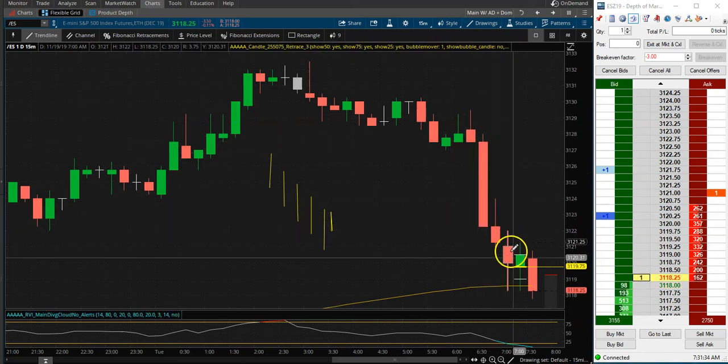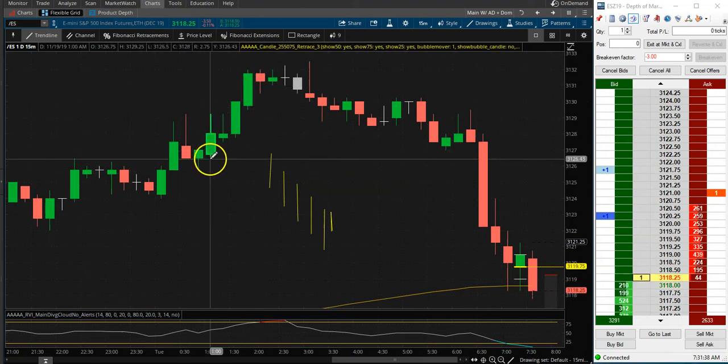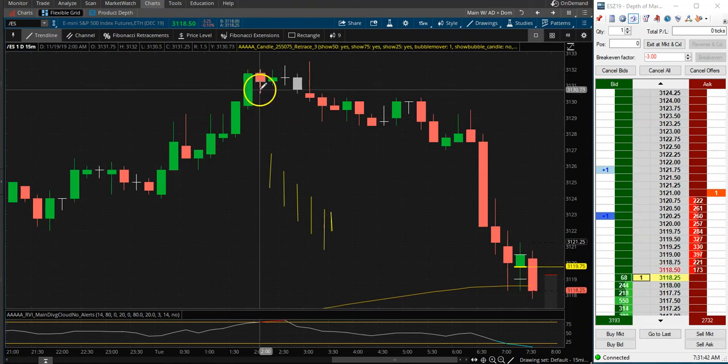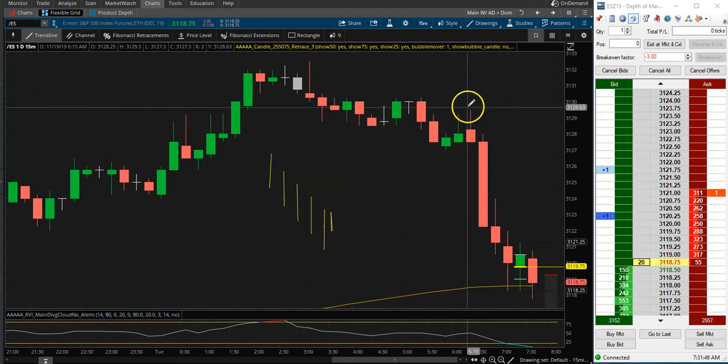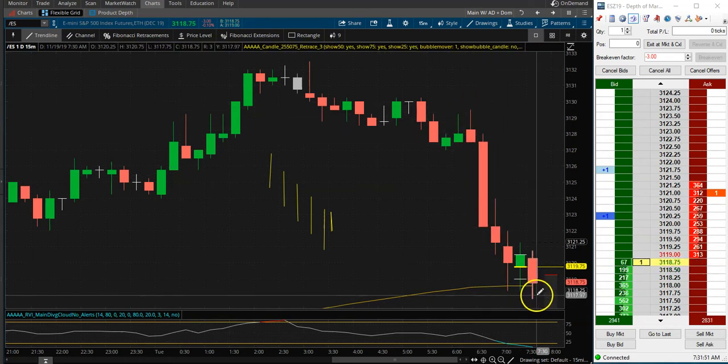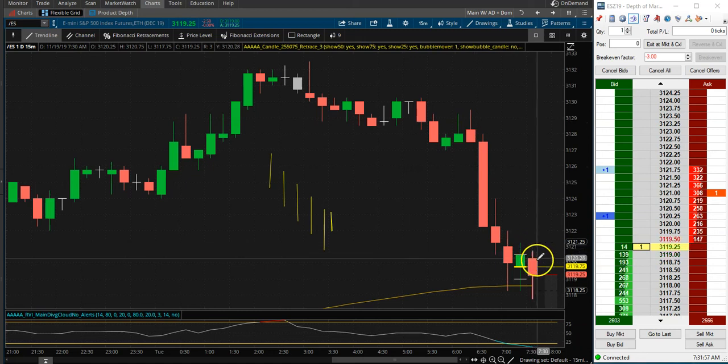This is a waterfall right here. A reverse waterfall would be the higher lows in an uptrend. I don't care about the highs in an uptrend. I only care about the lows. On the downtrend, I only care about the highs and not the lows. So I know we are trending lower, lower, lower, lower, retrace, and then come back down.